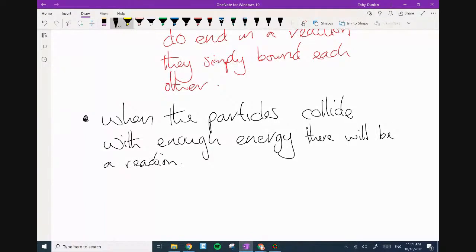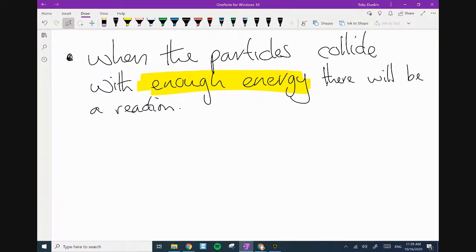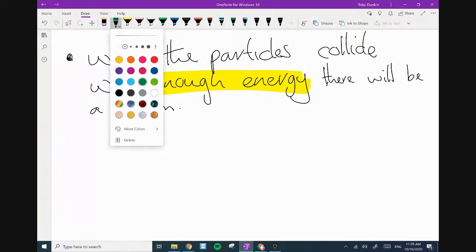Right, I now need to highlight this, enough energy. This is given a name. Let's change my color. Let's go for green.